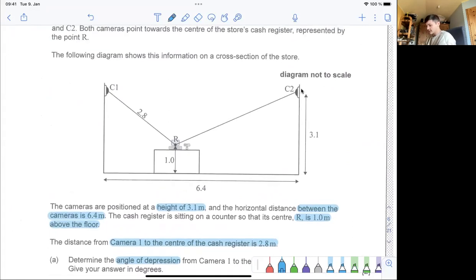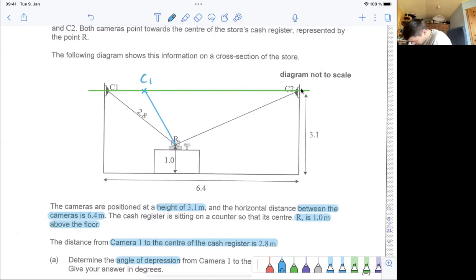Let's draw our horizontal line across C1 and C2, so we can draw in our angles of depression. Let's say we moved C1 over to here, and now we'll draw our new line from C1 to R. What we can see is that when we move C1 closer to R, given it's at the same height, the angle of depression gets bigger.